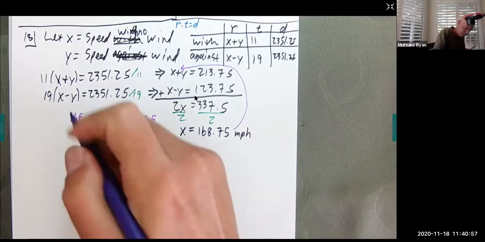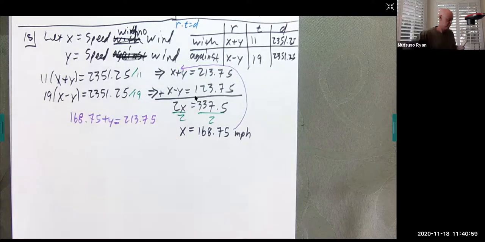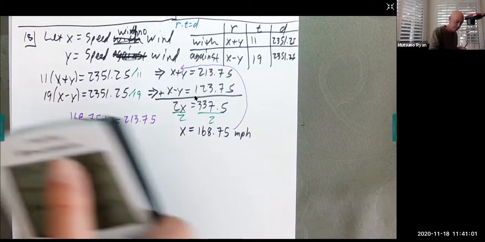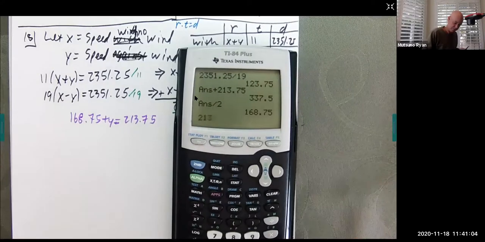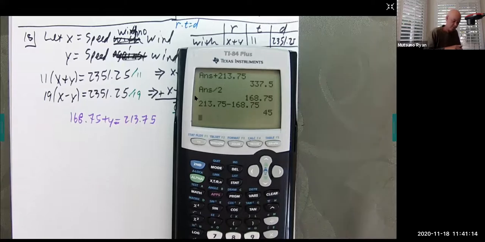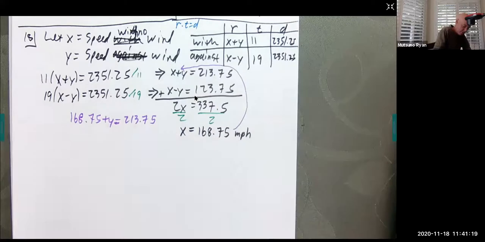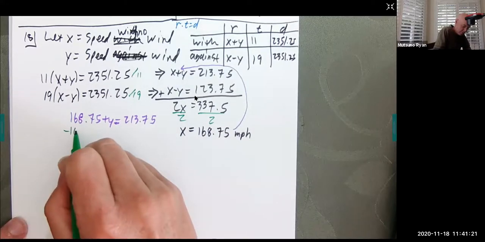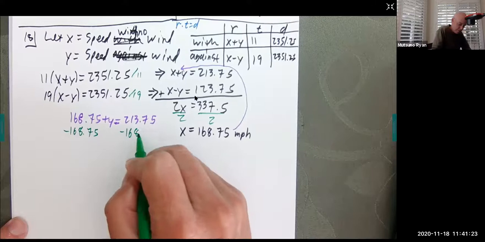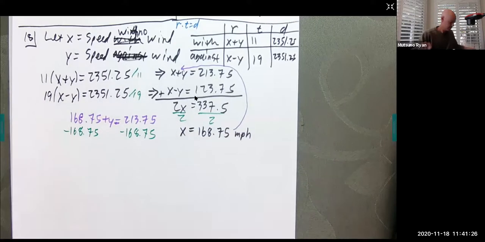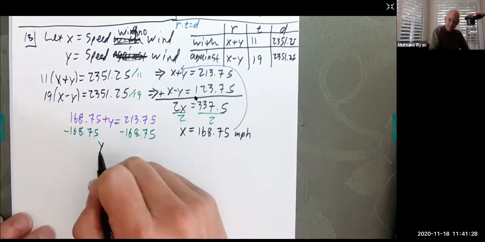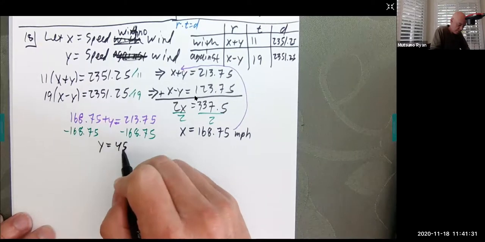So I go 213.75 minus 168.75, as I subtracted, getting me that y is 45 miles per hour.